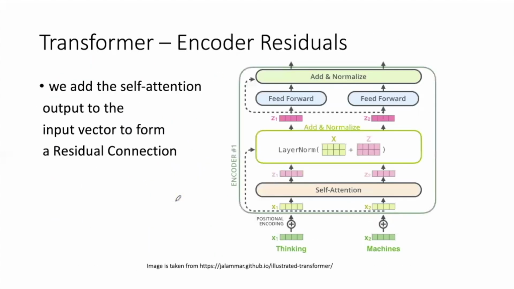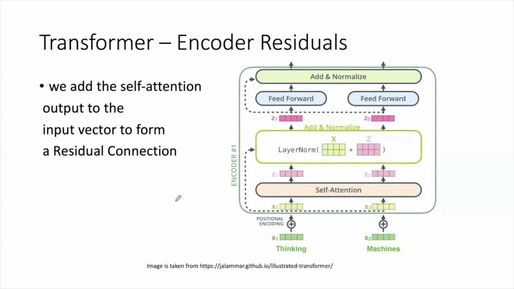Once this contextual representation is generated, we also have one more additional layer that is present. There is a residual connection. A residual connection typically means that we have a connection between the output of a previous layer and the output of the next layer.